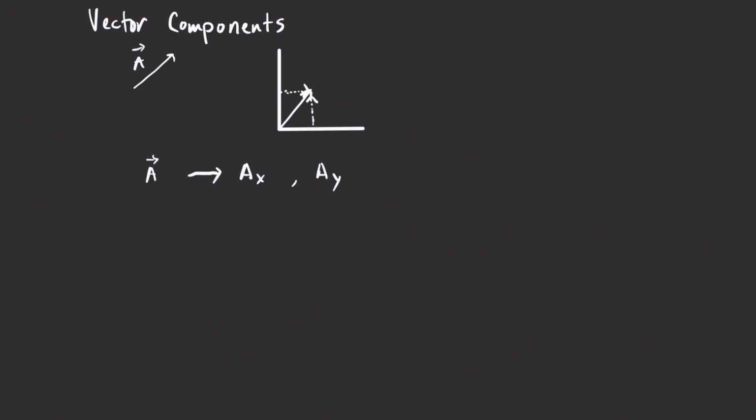And the reason for this is because, like here, the horizontal vector goes along in the x direction. So we call this ax. And the vertical vector goes in the y direction. We call this ay. So essentially, this a vector is the sum of these two vectors.